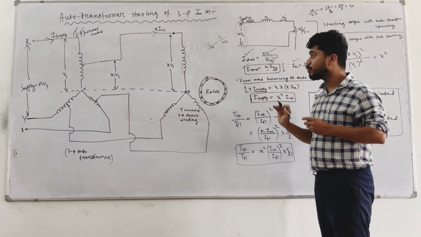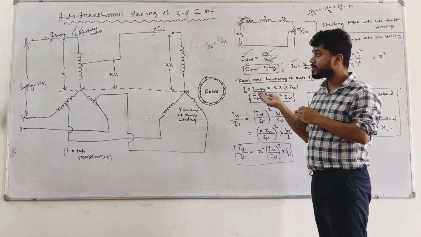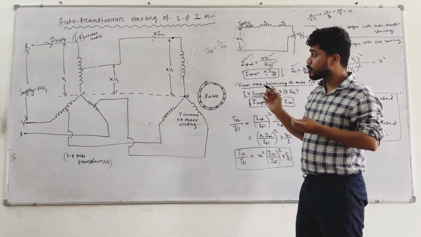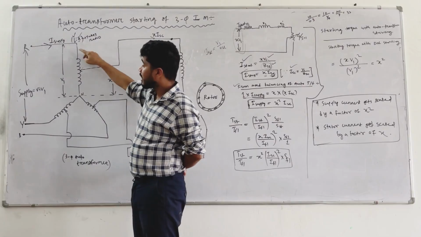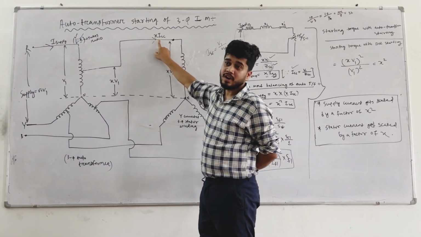That should be equal to the secondary MMF. And secondary MMF is secondary current into secondary number of turns. What is the secondary number of turns? It is X. And what is the current in the secondary side? X into IS.